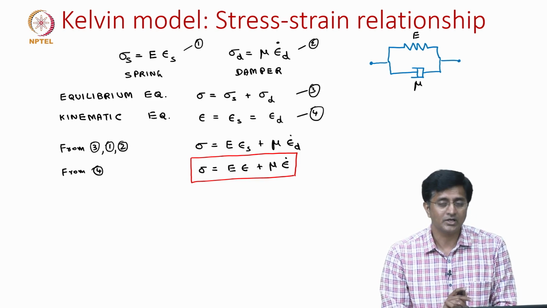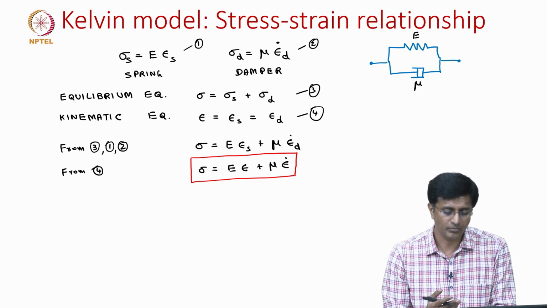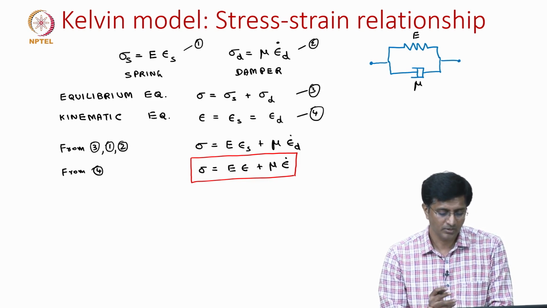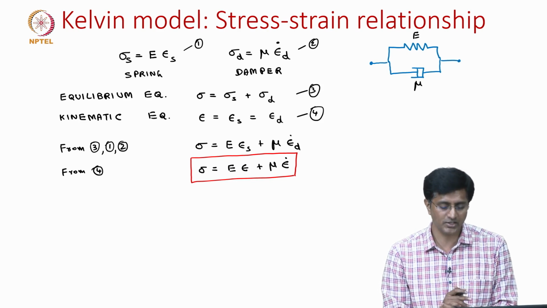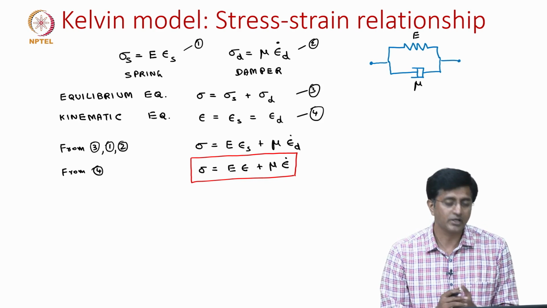This is an easy derivation, because in two steps we are able to show the relation between the stress and strain. But now let us use this stress strain relation to show what is the creep response for a Kelvin model.